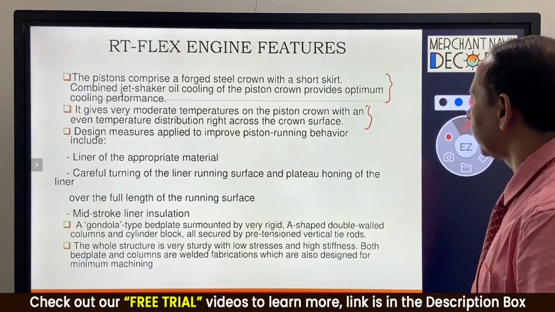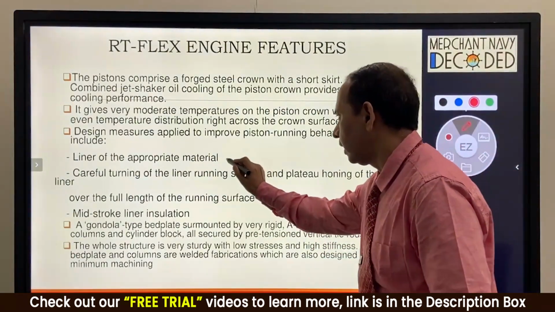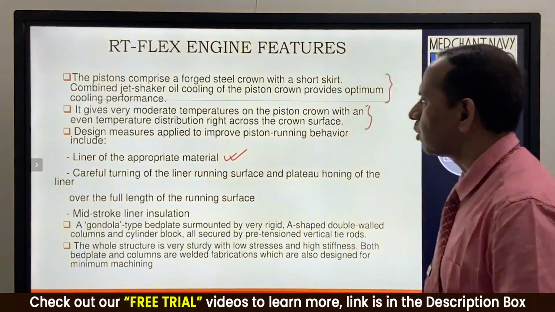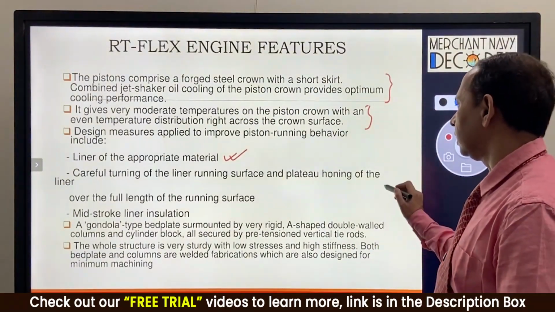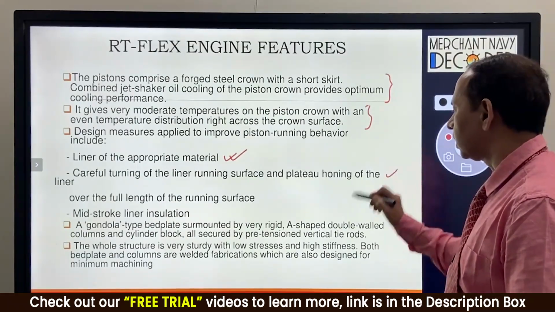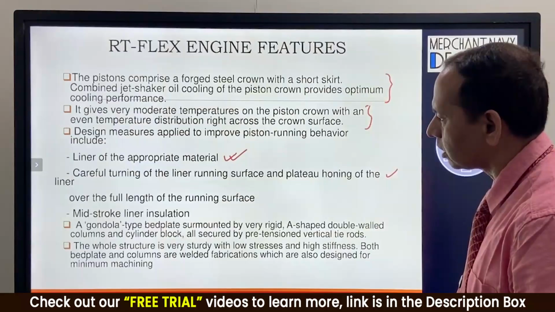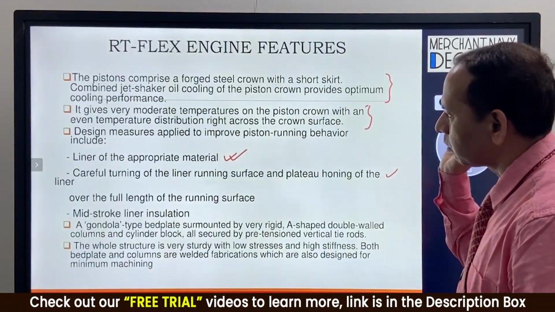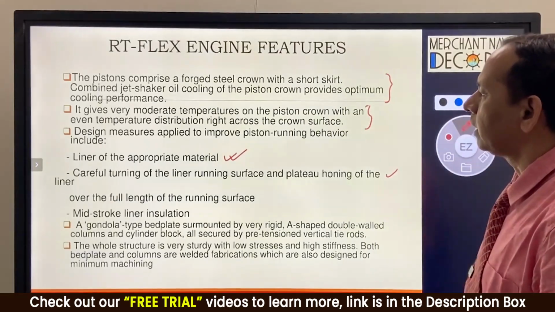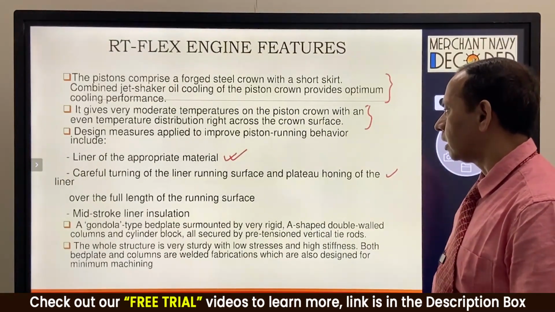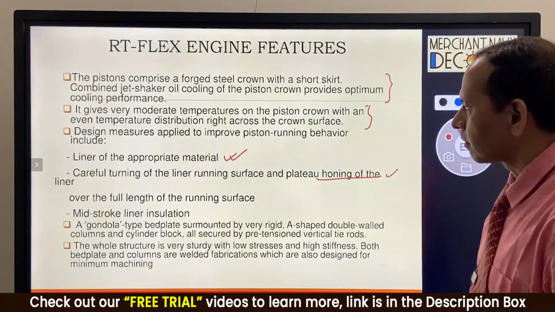The design measures applied to improve the piston running behavior include the liner, which naturally also has to be of very appropriate material, careful turning of the liner running surface and plateau honing of the liner. The liner honing design has also been changed in this MNDFLIX engine because it is working under more intense temperature and pressure now, and the cylinder oil film must be retained under all conditions, and that is why the honing is a special design in the MNDFLIX engine.